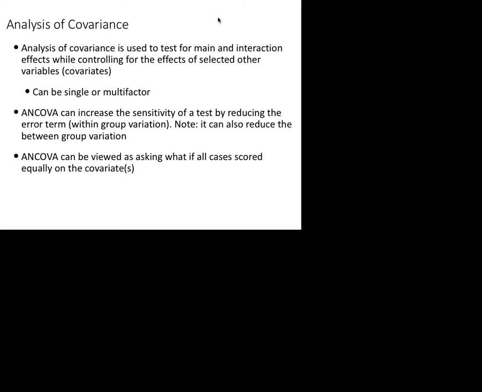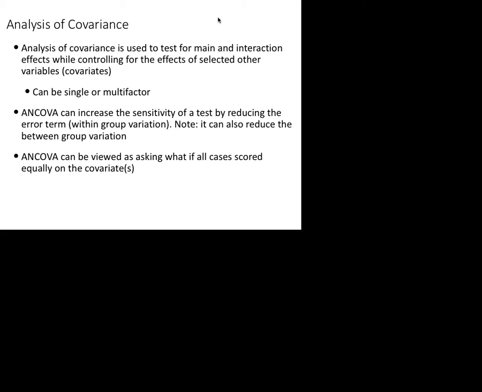ANCOVA can increase the sensitivity of the test by reducing the error term, or the within group variation, if you think about sums of squares and the within group sums of squares. Not the between groups, which is the good sums of squares.